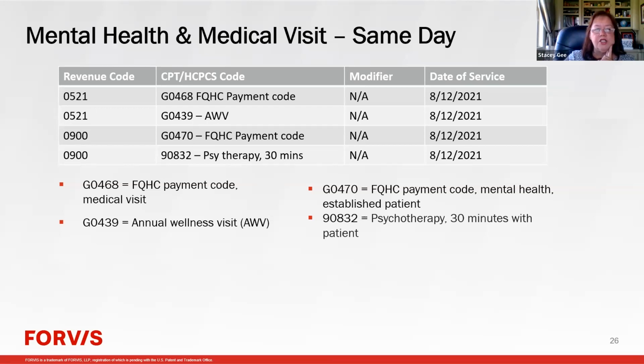So we can see the G0468, which is your payment code, and the G0439, which is your annual wellness visit code. Then this patient also came in and had psychotherapy, which is the 90832, and then the G0470. So just making sure that we understand these are two separate encounters, mental health and medical. We would expect to see the applicable payment G codes assigned for those visits.